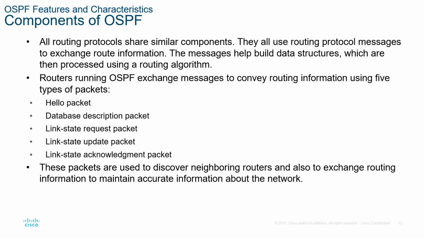It will put that in a database and send it to its neighbor when an adjacency is formed. The database may be described using multiple packets, not just a single packet, because all routers will eventually have all the information that all other routers have in a link state. They do this by exchanging the database description packets.